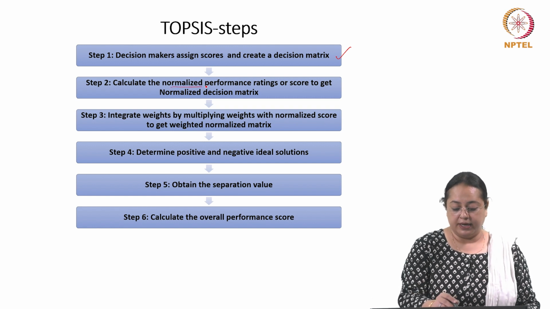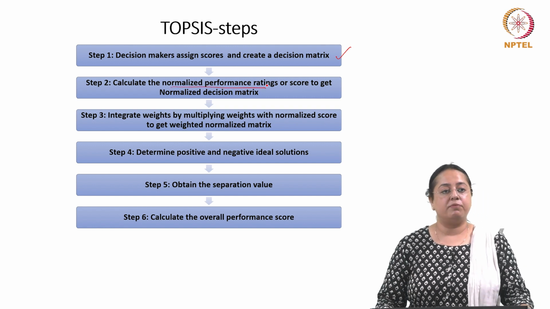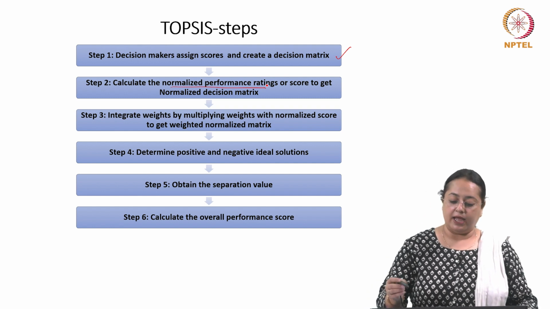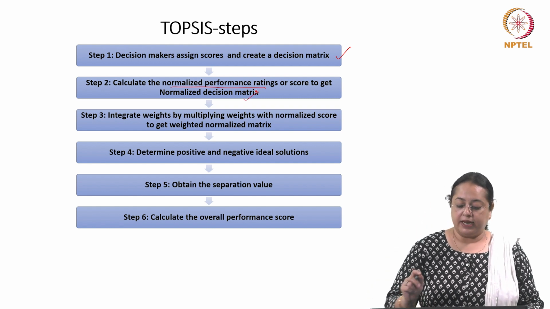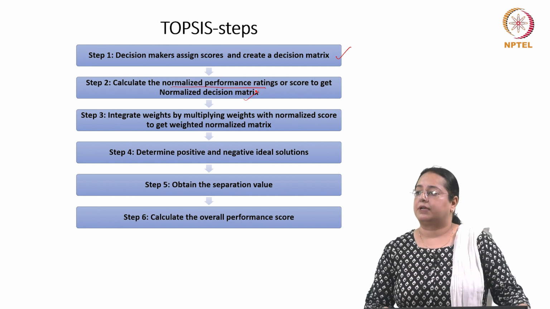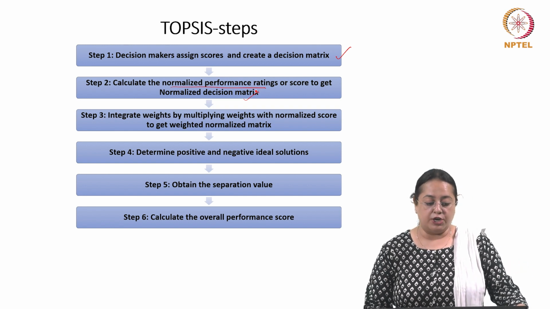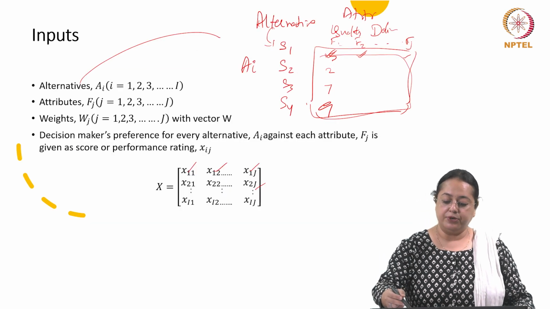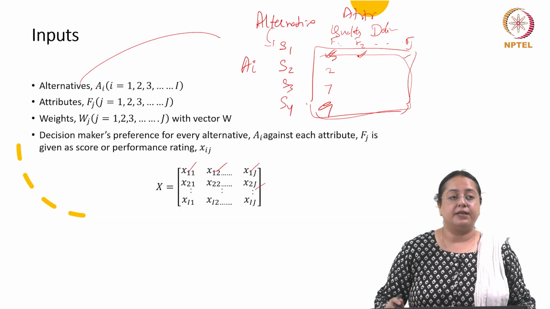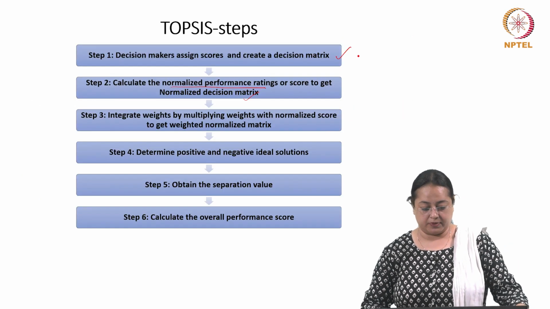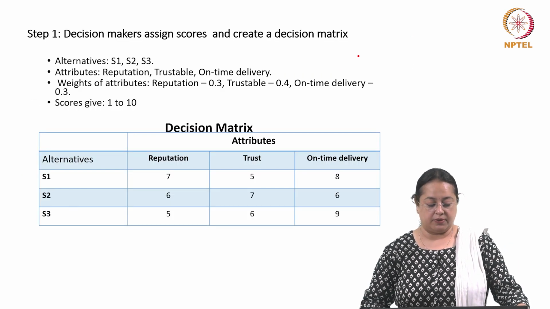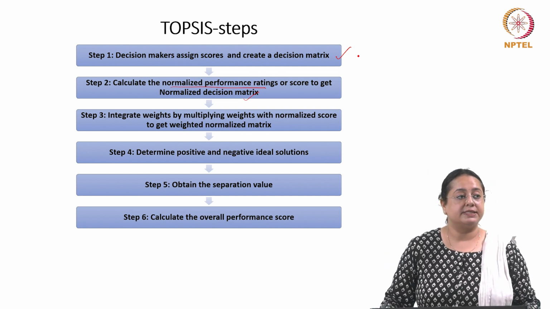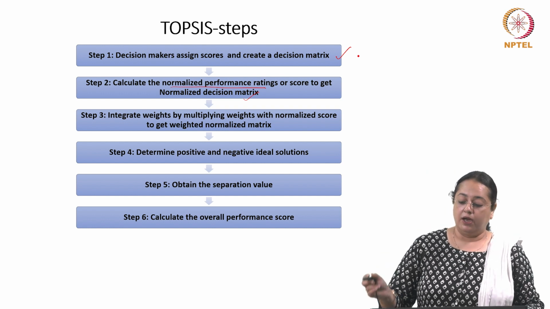So we will get the normalized performance ratings out of this decision matrix, and then we will get the normalized decision matrix. Now how to normalize for each attribute? When we go through the steps with the example, it will be more clear.